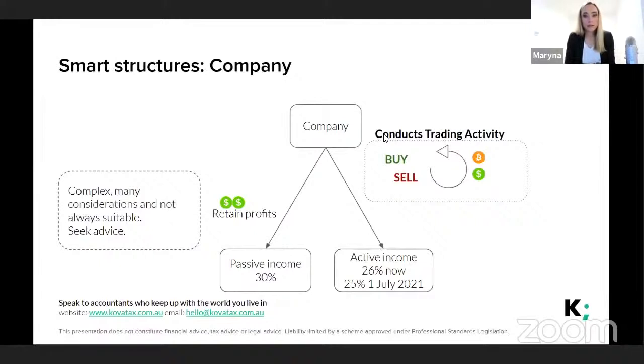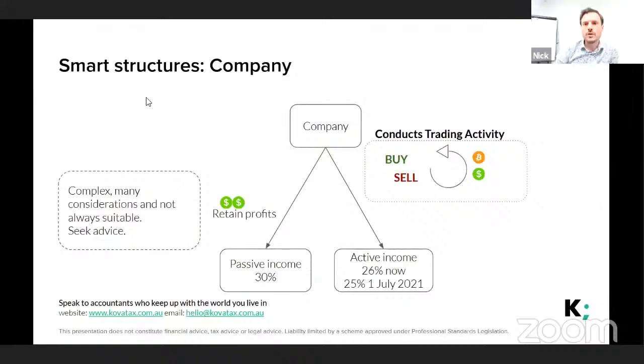If your company does only that, then it's passive income. It will be taxed at 30%. This taps into a complex concept of base rate entities. But in any case, it is much lower than individual tax rates in Australia. So it is a good strategy to save when we are looking at trading activities.